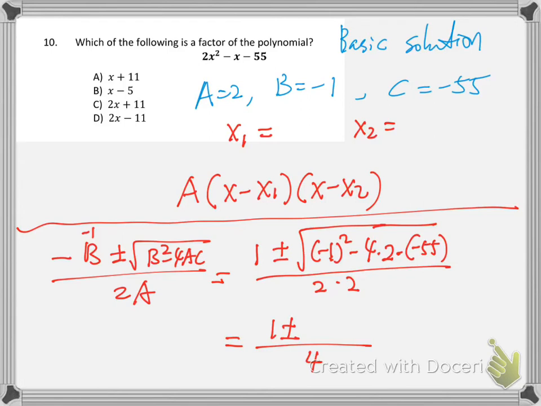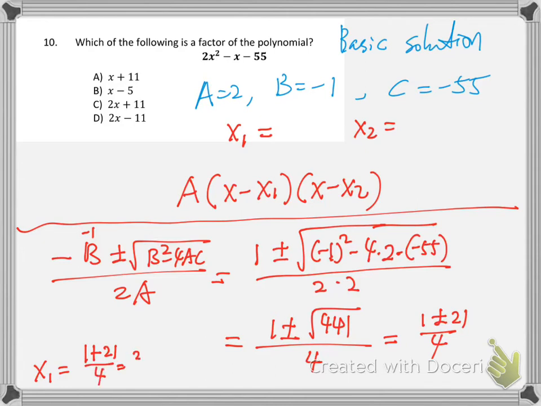So it's 441. The square root of 441 is 21. So we got 1 plus minus 21, divided by 4. So what's x1? x1 is 1 plus 21 divided by 4, there's no square root, sorry. 1 plus 21 divided by 4.